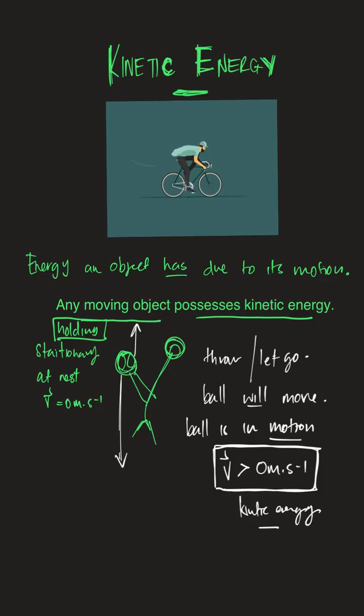Kinetic energy in essence is a scalar, but inside the formula for kinetic energy, which we're going to look at now, it has a vector quantity, which is velocity. So let's have a look. Please make sure you're getting these notes down.